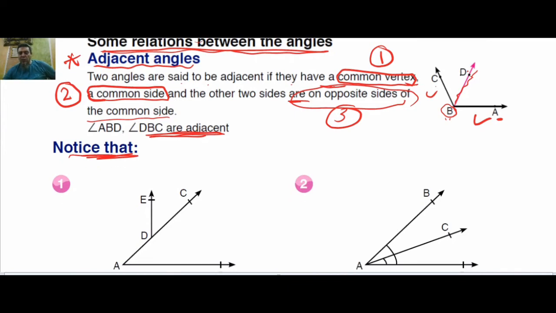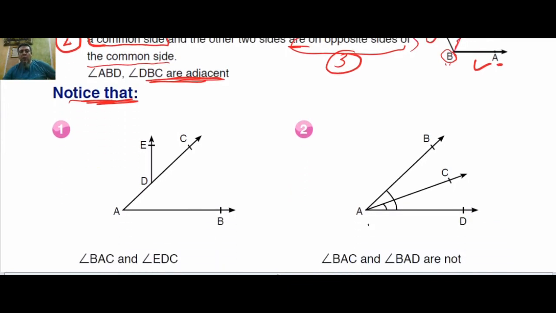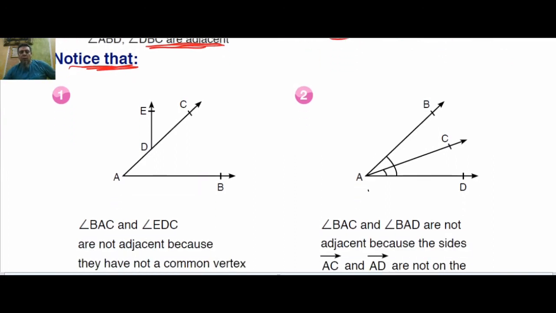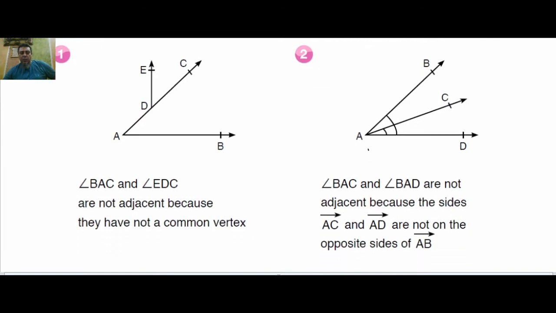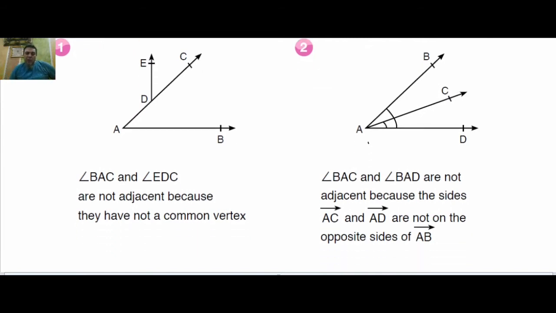Let's see what the note is in this figure. In figure 1 and figure 2 we have a question. Are angle BAC and angle CDE two adjacent angles? Do the two angles have the three conditions? Number one, common vertex.